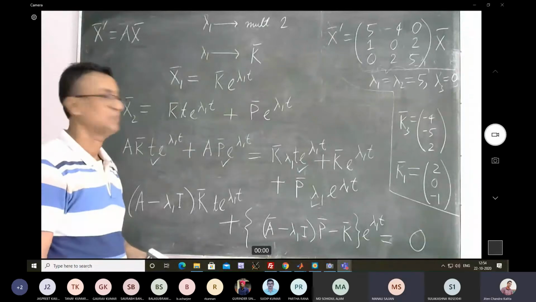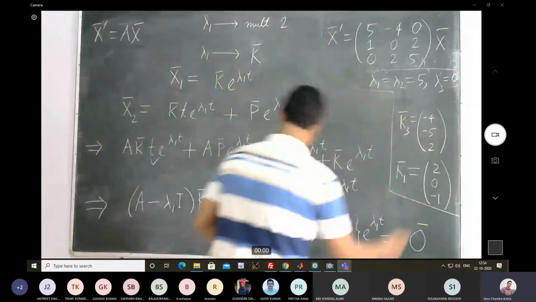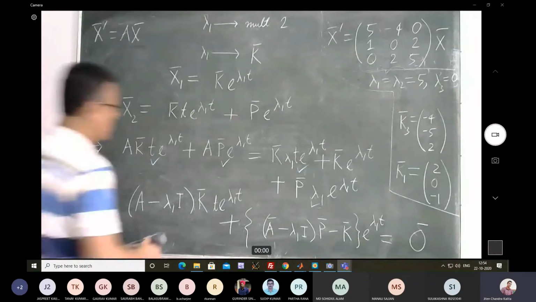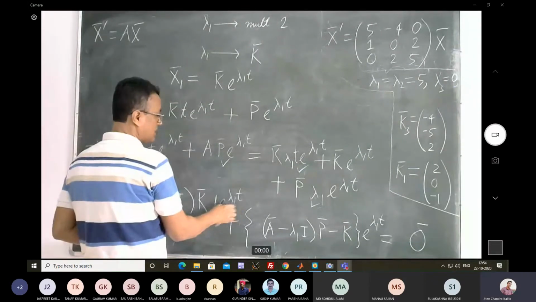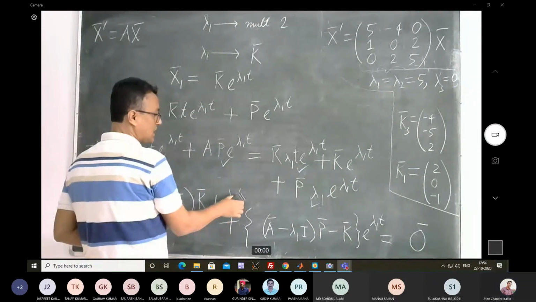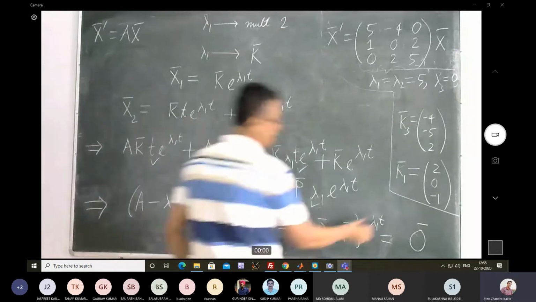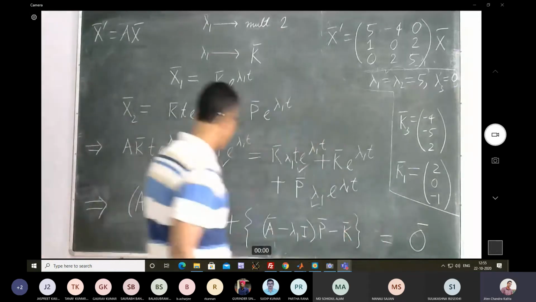Bar, 0 bar. Okay, fine. And again, since e to the power lambda 1 t is always non-vanishing, from here I can write this.